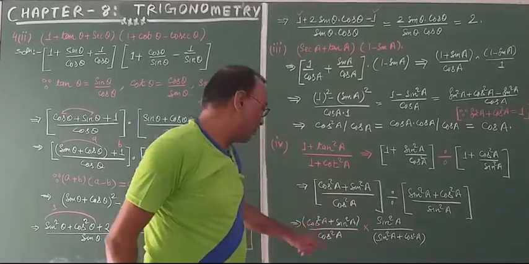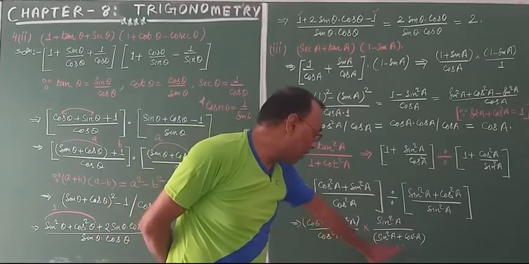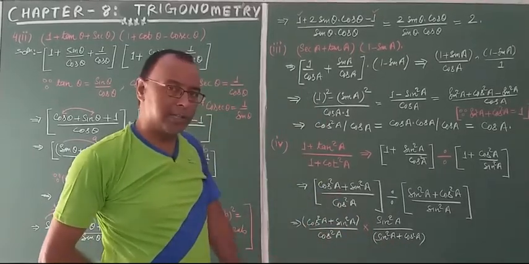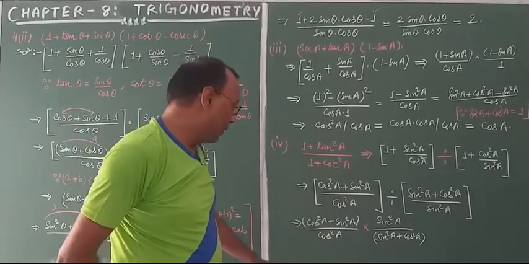This cos square A plus sin square A and this sin square A plus cos square A are cancelled out.